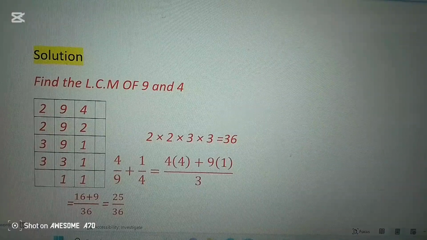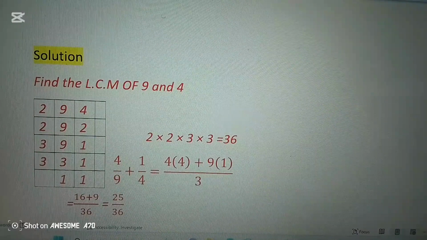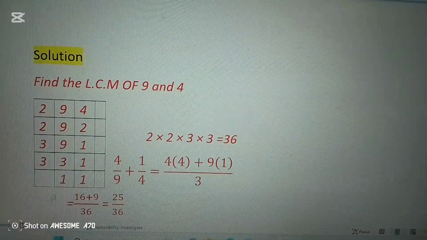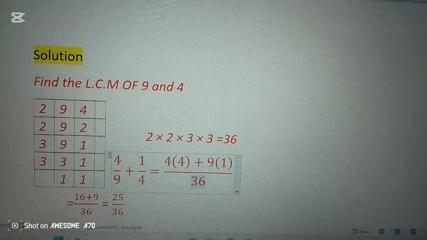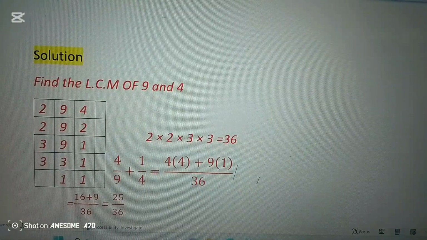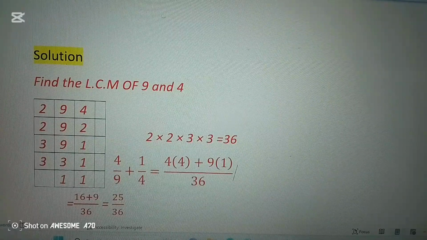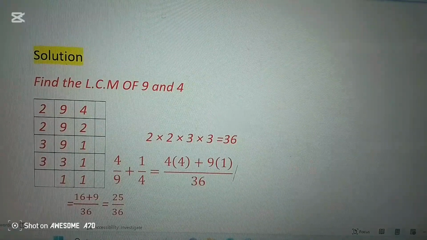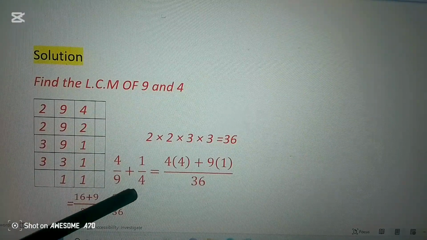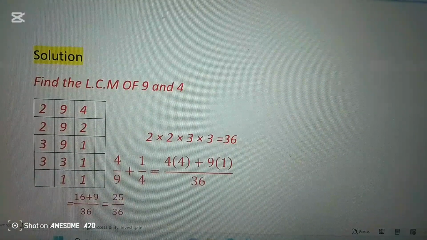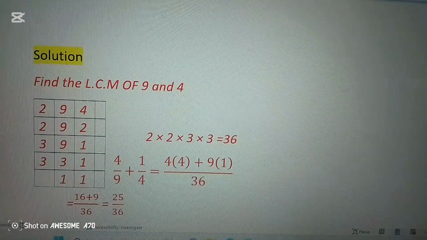So this 36 will be our denominator. We're going to divide 36 by the denominators, by 9 and also by 4, then multiply by the numerator to get our numerator answers.